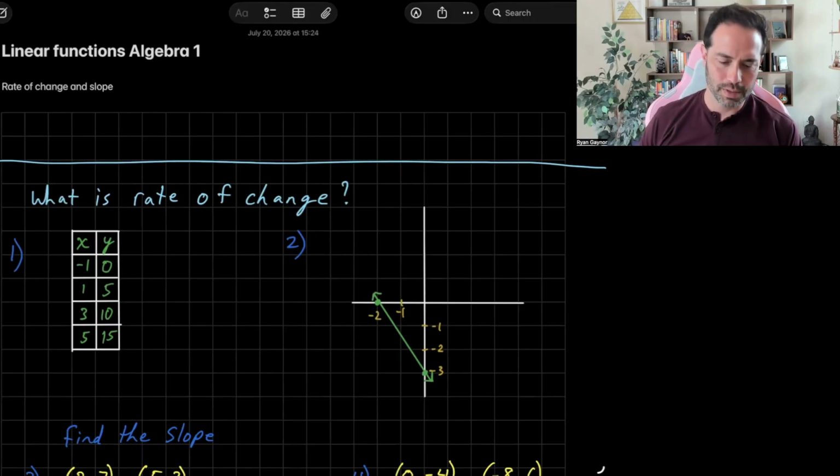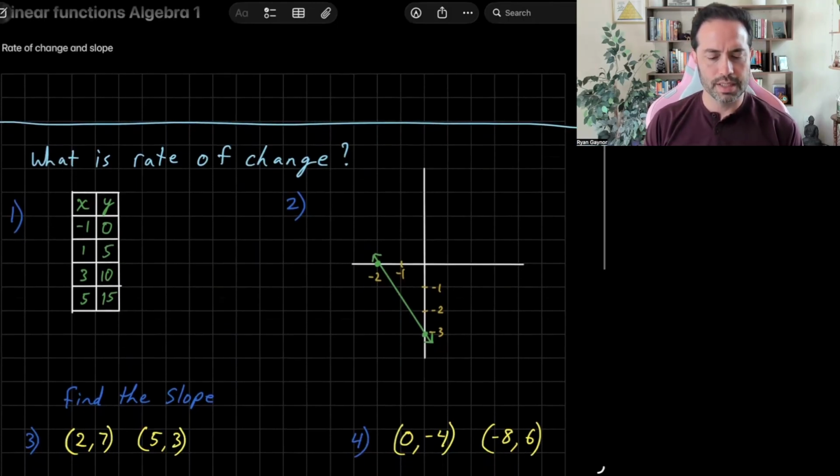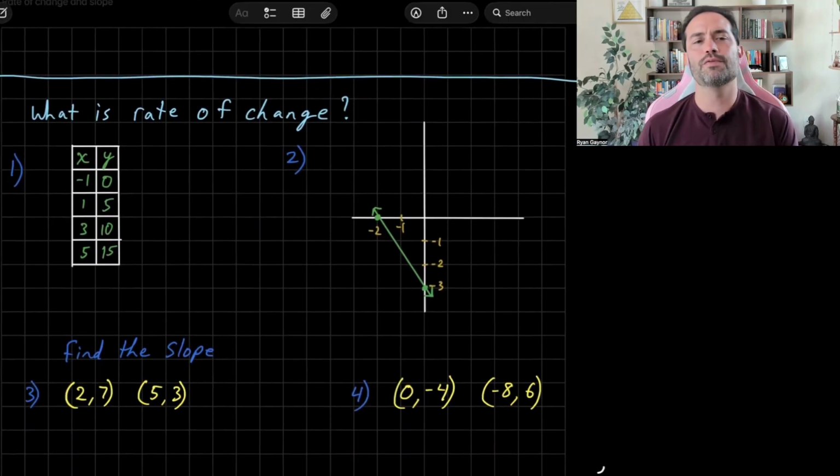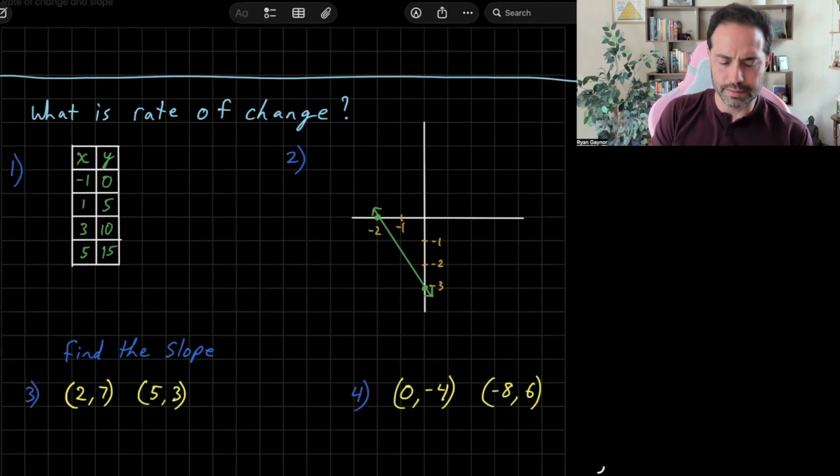So, here we go. Number one, they're giving it to us in the form of a table, and they're asking us, what is the rate of change? Again, it has to be the difference of y divided by the difference of x. Let's take the first 2 points.